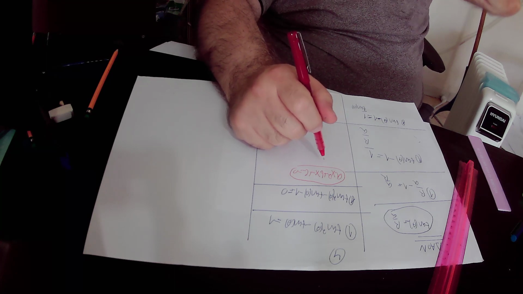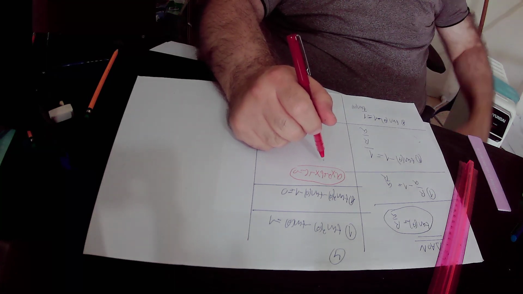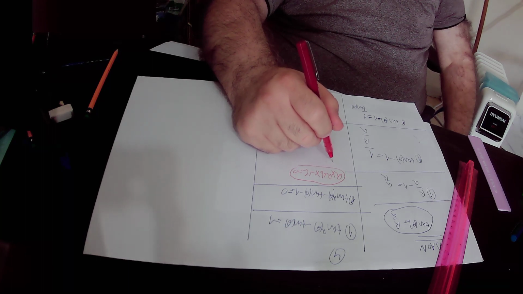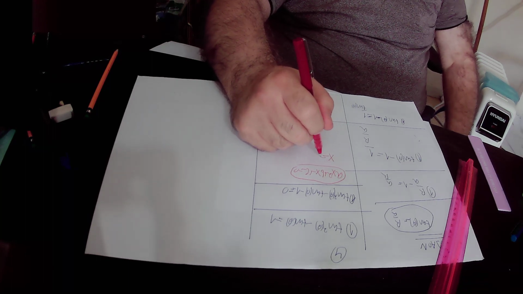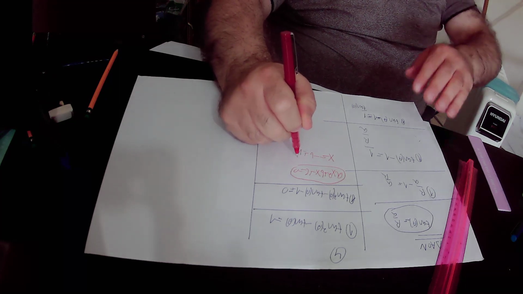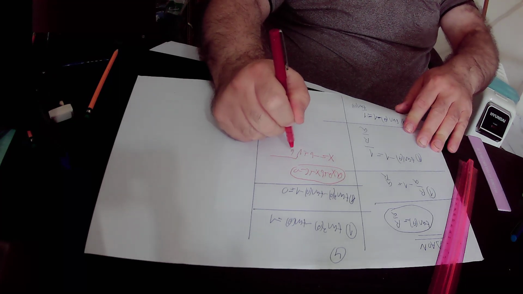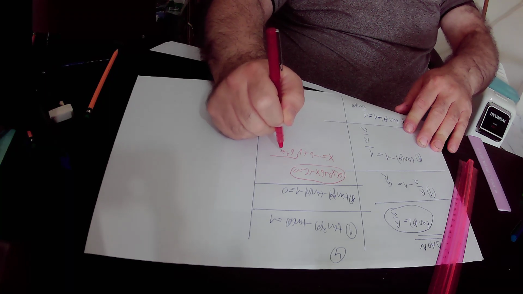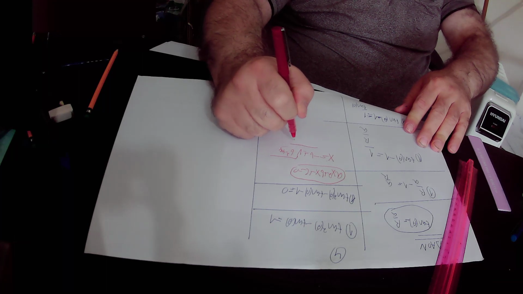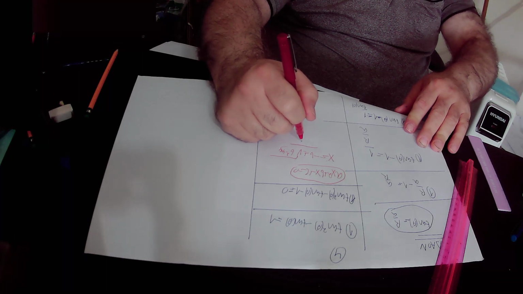And we find out the value of x according to the following formula: x equals minus b plus minus square root of b squared plus 4 times a times c, over 2a. Okay?